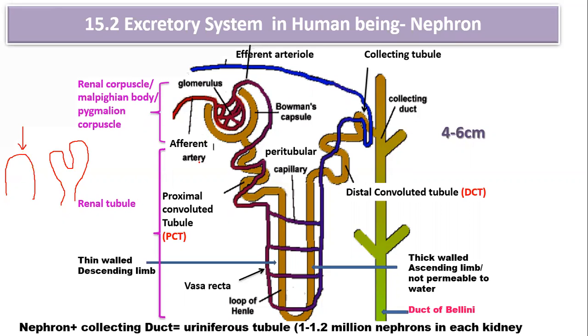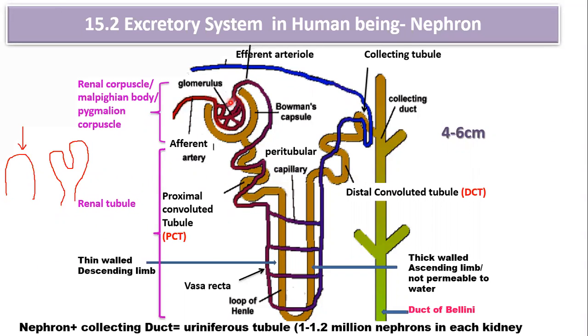So you can see there is a structure called the Bowman's capsule. The Bowman's capsule is formed by a process called invagination. This cup-like structure encloses a network of capillaries. That network, or bundle, or bunch of capillaries is known as the glomerulus.